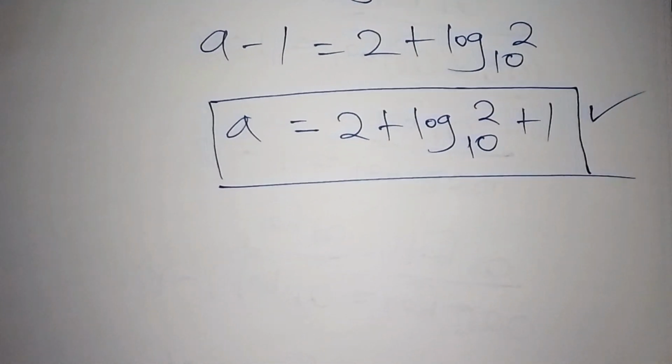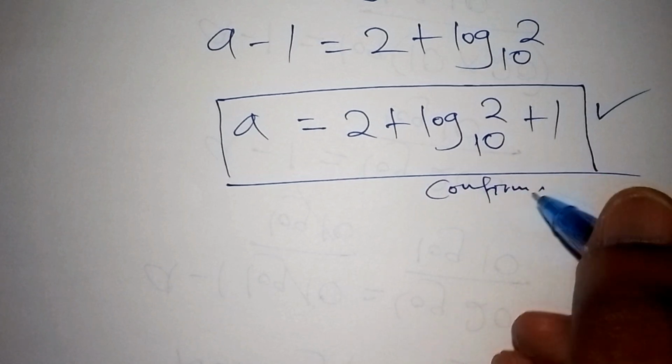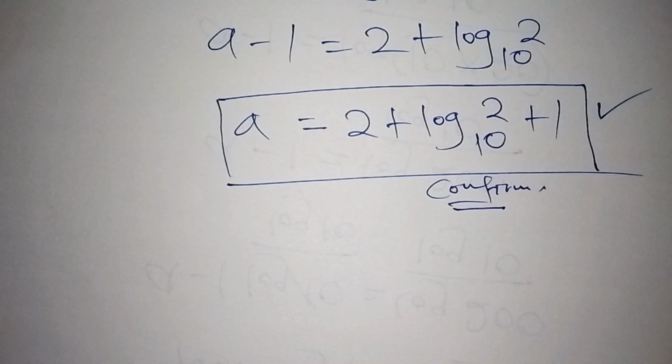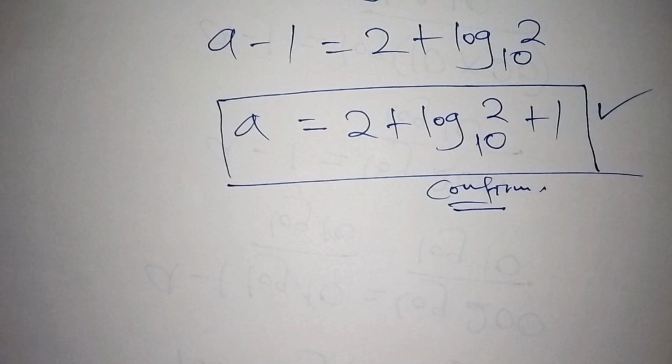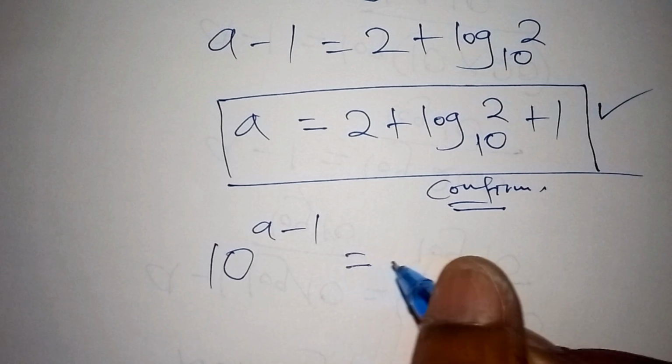So let's confirm our answers very fast. So we had 10 to the power of a minus 1 is equal to 200.